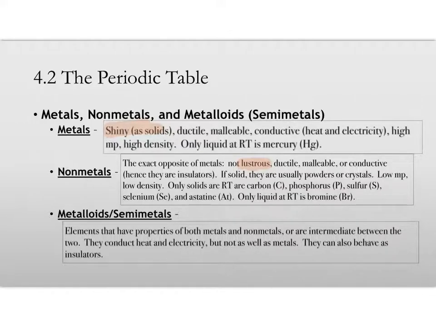An example of that would be silicon. Silicon is a semimetal or a metalloid. It can conduct electricity very well in some forms, but in other forms it doesn't at all. It's used in your computer chips to conduct electricity there.